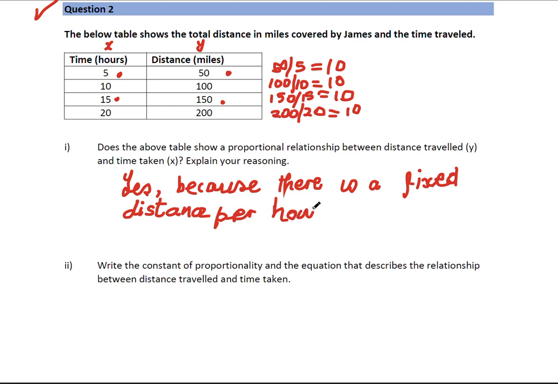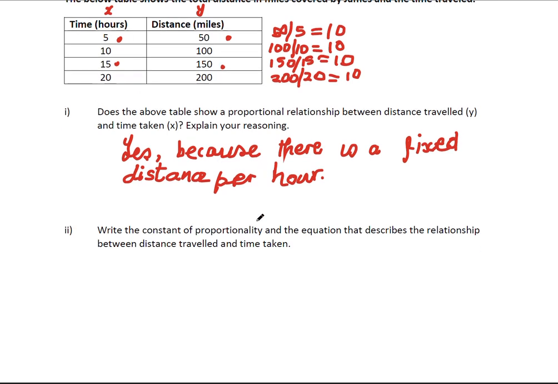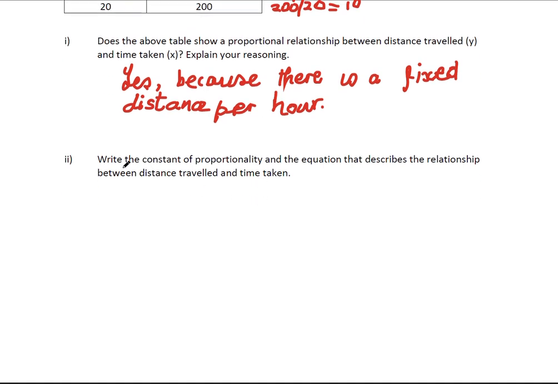So because of this, we say the relationship is proportional. This 10 is found to be constant right throughout the entire data set, and we found that by dividing distance by time right throughout. And the final question is, write the constant of proportionality and the equation that describes the relationship between distance traveled, which is the dependent variable, and time taken, which is the independent variable.